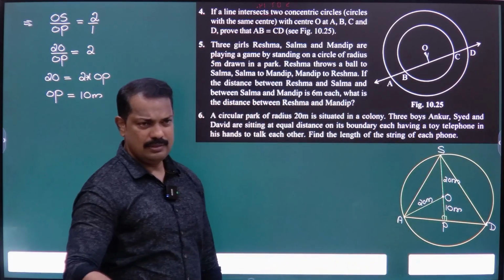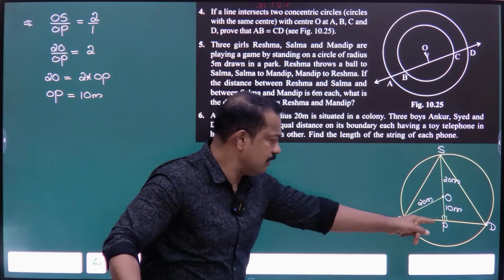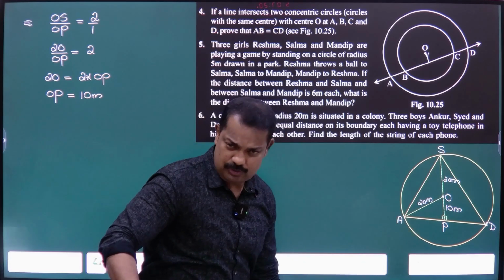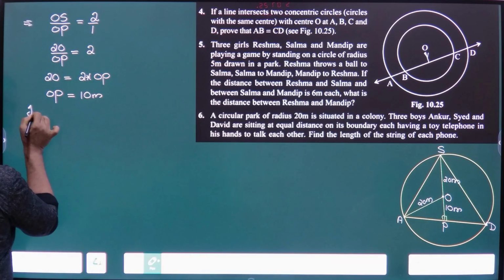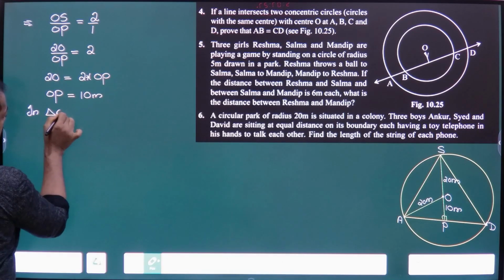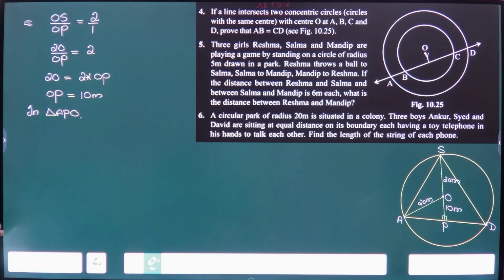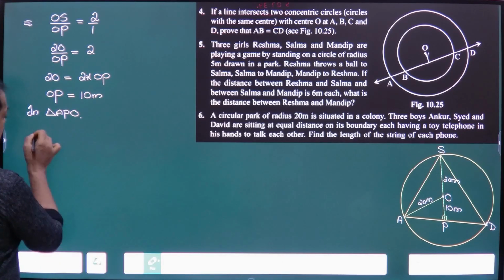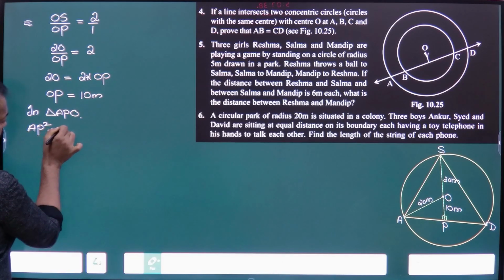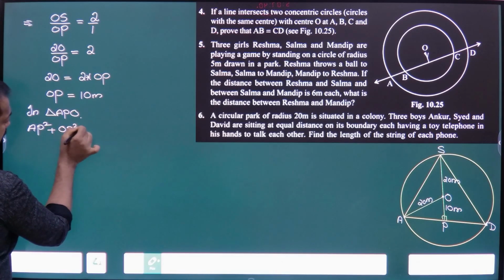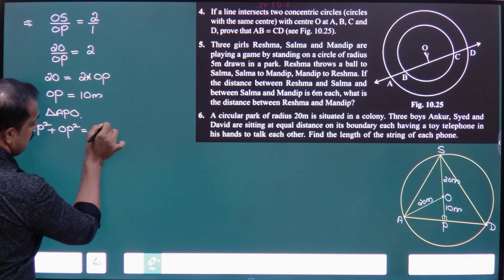Clear? Now, by using Pythagoras theorem, we can find AP. In triangle APO, AP square plus OP square is equal to OA square.